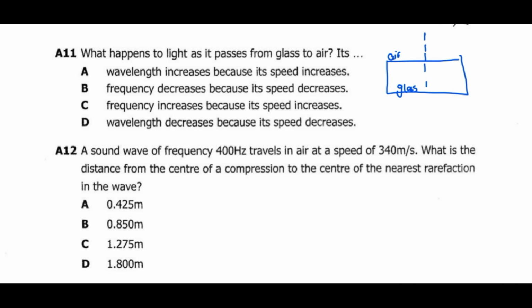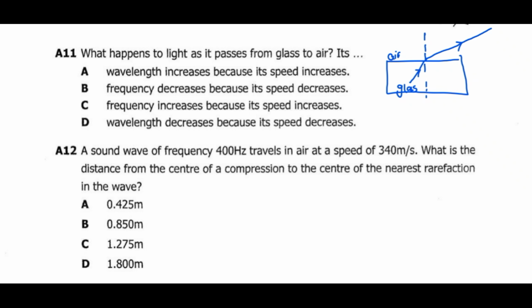We are looking at the ray of light moving from the glass into air. When exiting the glass, this ray of light will bend away from the normal. That's what happens whenever light moves from a denser medium into a less dense medium.